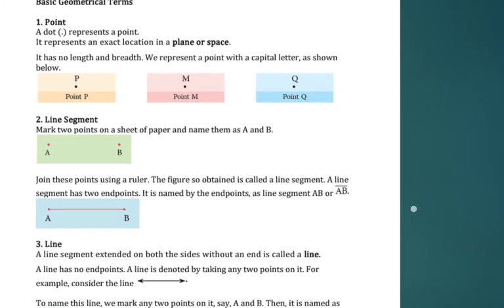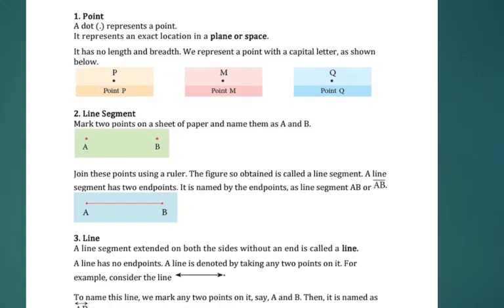Next one is line segment. What do you mean by a line segment? Mark two points A and B on a sheet of paper and name them A and B. Now join these two points using a ruler. Like this. The figure obtained is called a line segment.